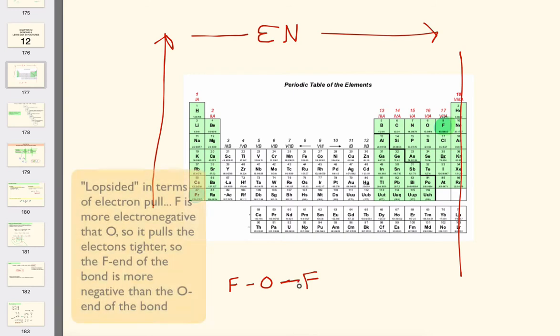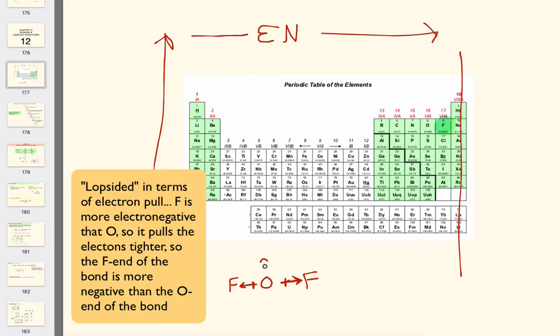And sometimes we draw a little arrow to say, with a little plus sign, that across this bond, since fluorine is more electronegative, the electrons are going to be hanging around fluorine more than they do oxygen. And likewise, on this side. So each of these bonds is polar, to where oxygen is kind of sort of positive, and fluorine is kind of sort of negative. It's polar.